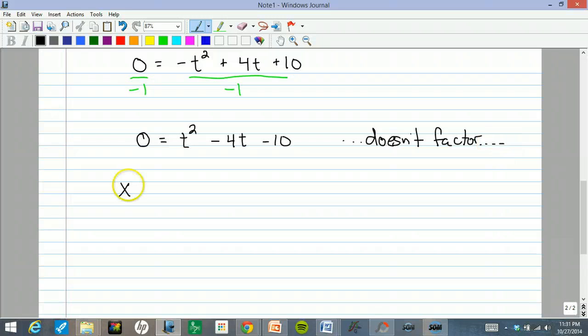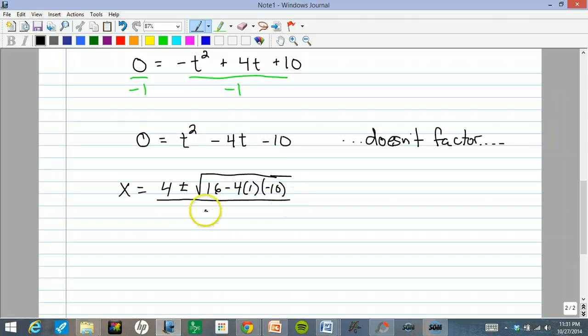So our solutions are the opposite of b, plus or minus the square root of b squared, negative 4 squared, minus 4 times 1 times negative 10, all divided by 2 times 1, which is 2.